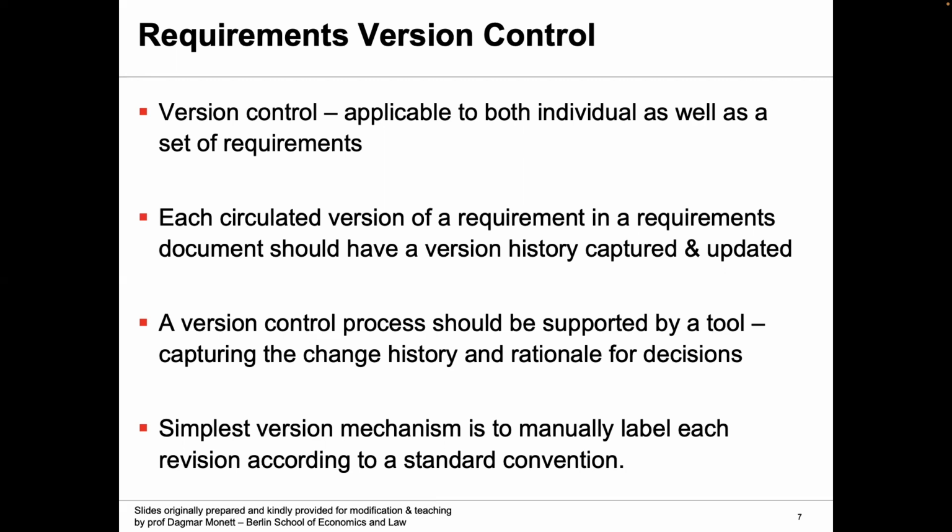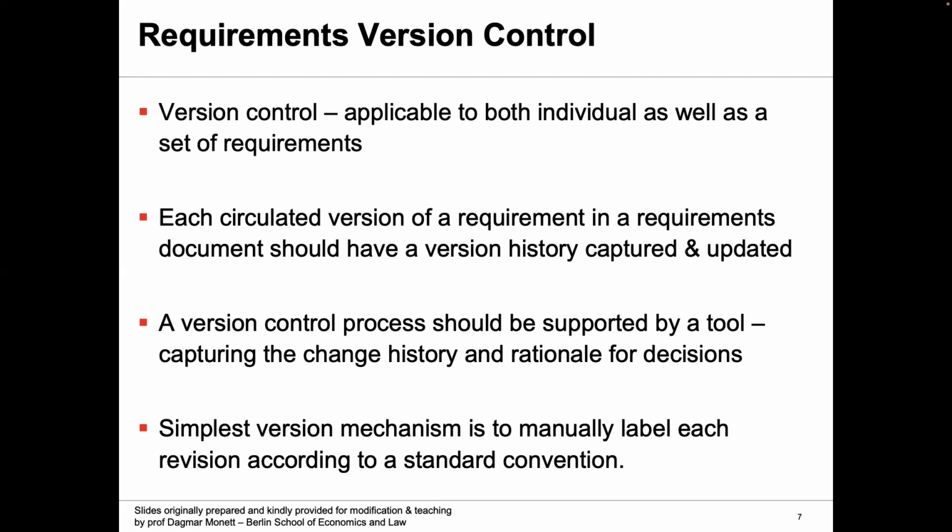And it's all about knowing what each version of the document is and what is the current status of that version, so that we all have a clear record of when the document was originally created, when it was developed, and what changes have taken place over time, and when those changes occurred, right? So which means we are incorporating the date, the version, and the changes in this requirement version control. And it's applicable to both the individual as well as a set of requirements.